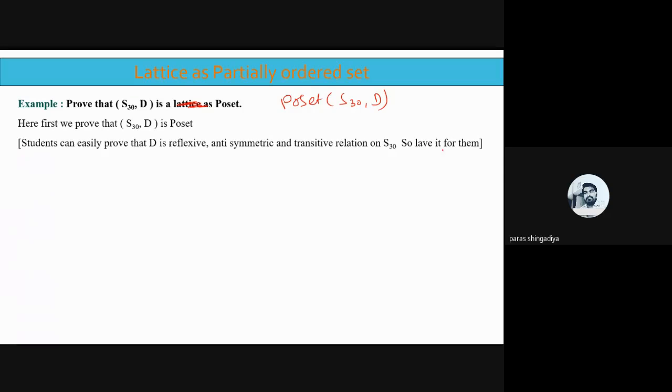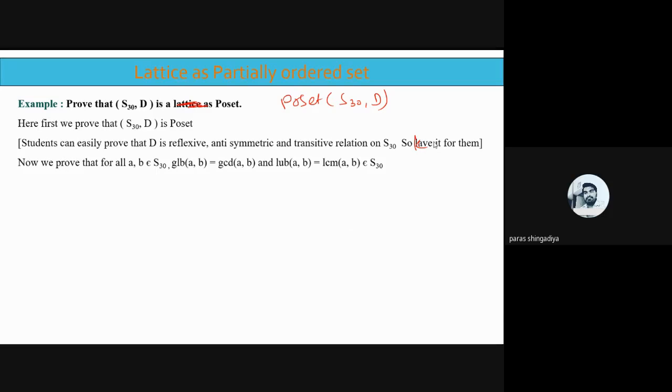So here it is a leave. Leave it for you. Clear? So try to solve it, and it is easy to verify that S30, D is reflexive, S30, D is antisymmetric, and S30, D is transitive. Okay, so just try it by yourself, and after that we'll check lattice is a poset or not.